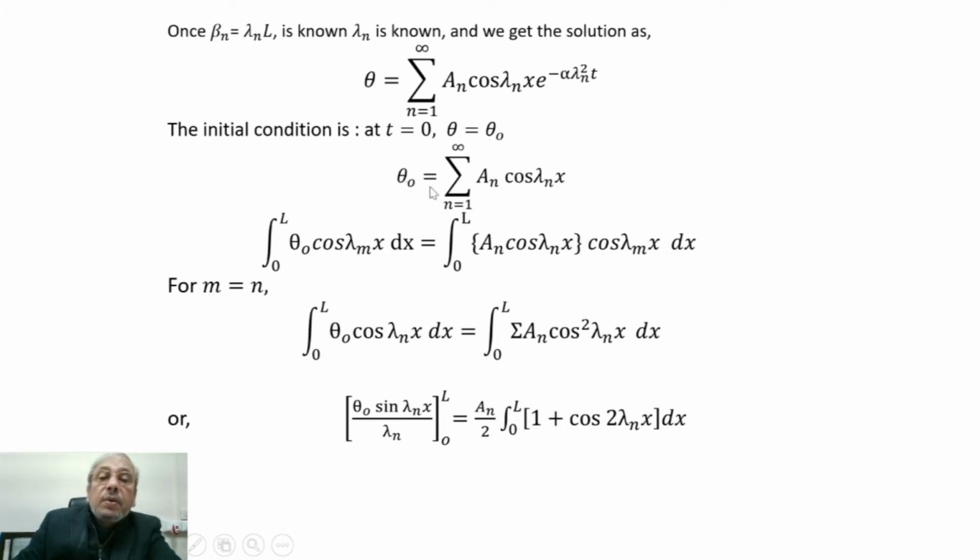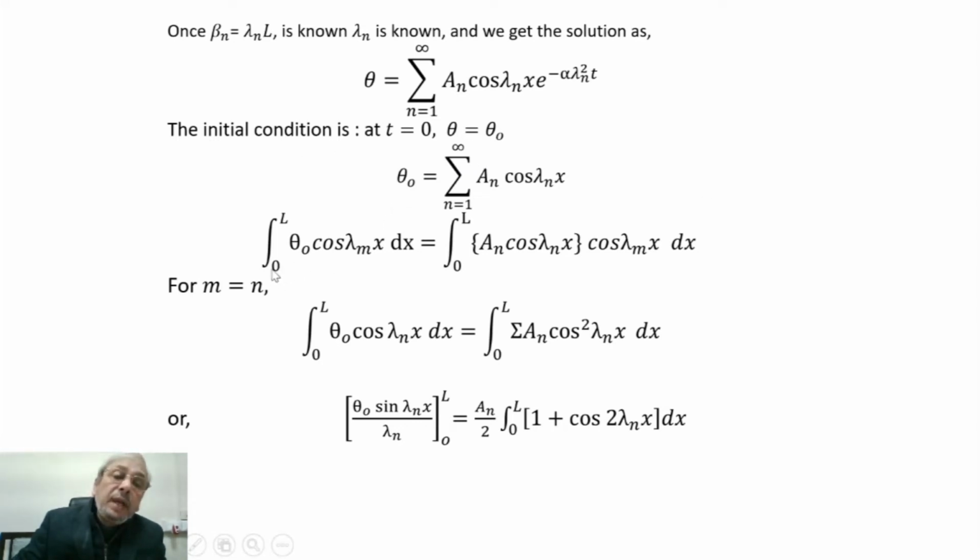Now theta 0 equal to the summation over this series, a n cos lambda n x at t equal to 0. After having obtained this form, we can apply the properties of orthogonal functions.